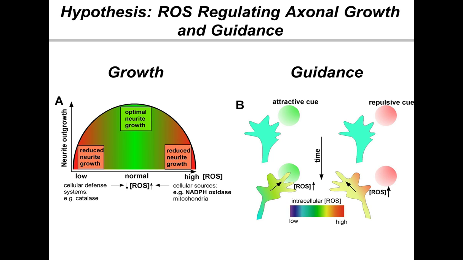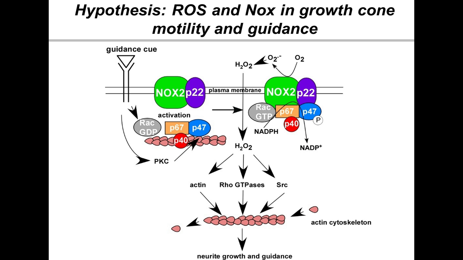On the left side, on the other hand, if you have an attractive positive cue, such a cue could introduce a small increase in ROS levels that actually has a positive effect. So depending on the level of ROS in the cytosol of the growth cone, you may get either positive or negative effects. And that kind of correlates with the curve on the left side, the growth curve.